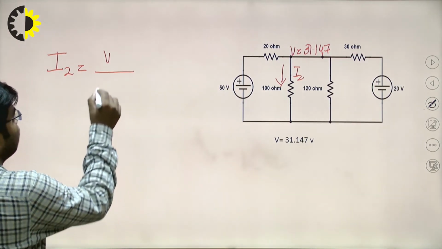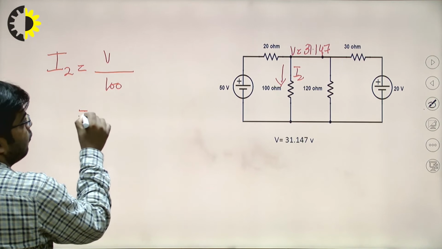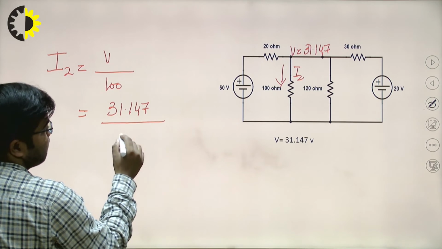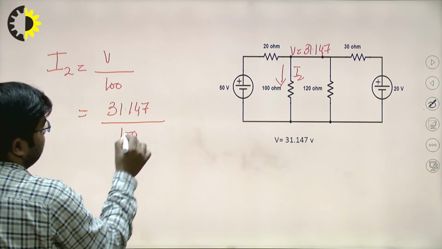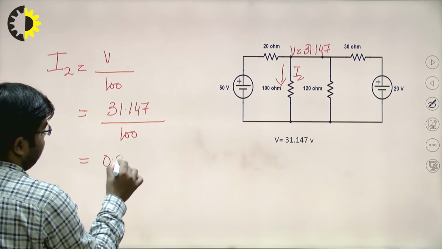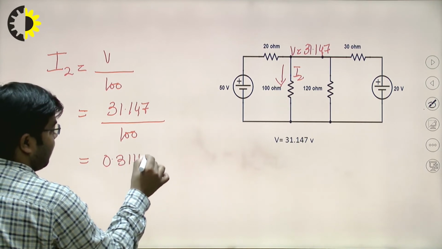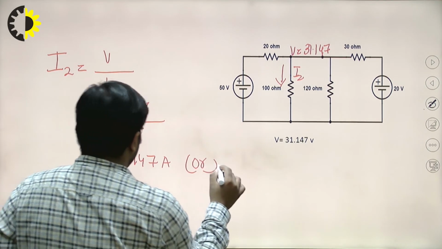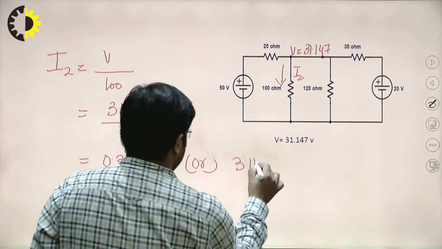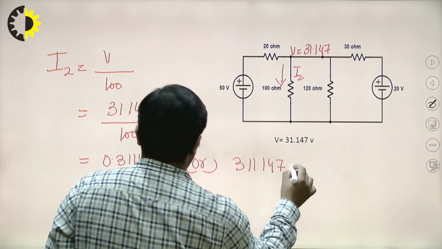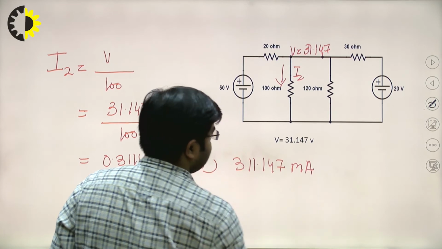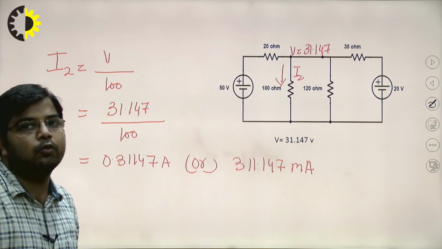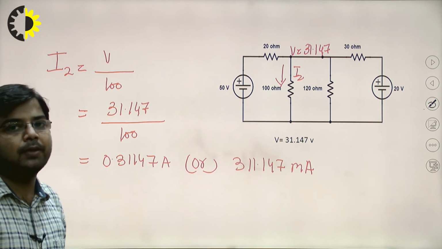What is the value of V? 31.147 divided by 100. This value will be 0.31147 ampere, or you can write 311.147 milliampere. So this way you can find the current through 100 ohm resistance by using nodal analysis method.